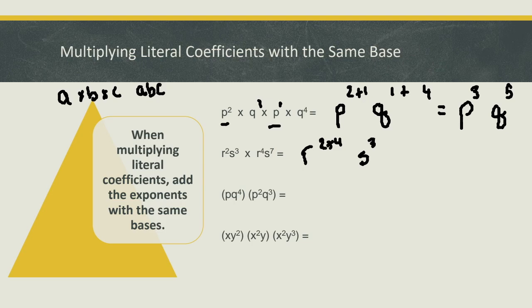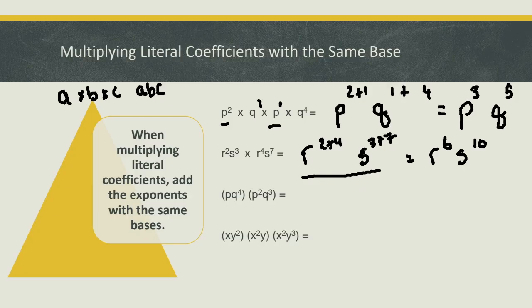So I get r to the power of 6 and s to the power of 10. I hope it's bigger for you on the recording than it is for me, because the letters are really small. But anyway, again, you don't need to write this step. It's just here.